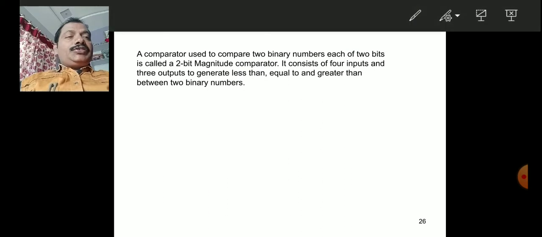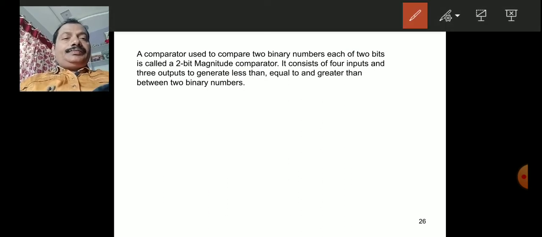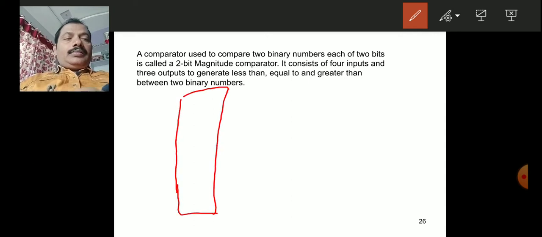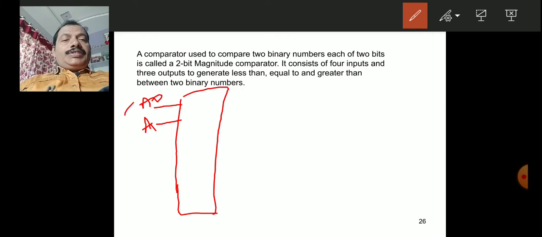That means in general like this. A0, A1. So this is the number A. Number A is A0, A1. Number B is B0, B1.